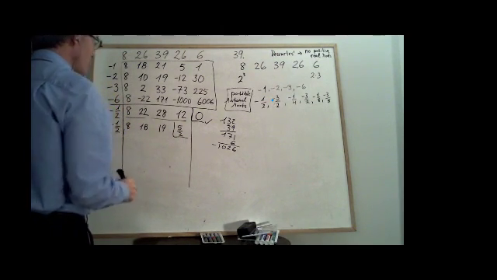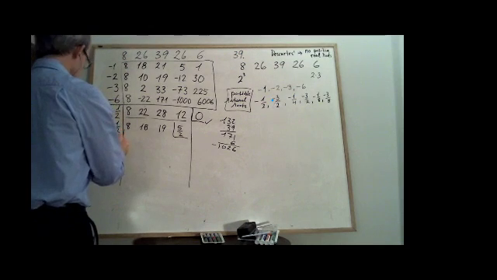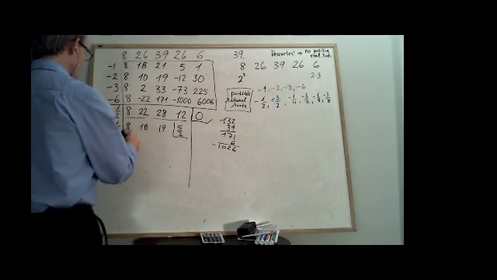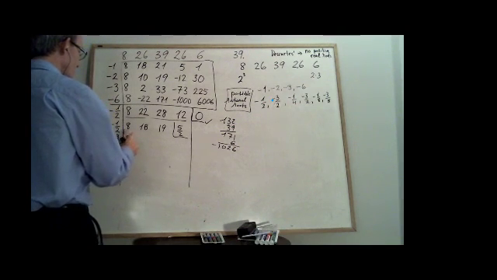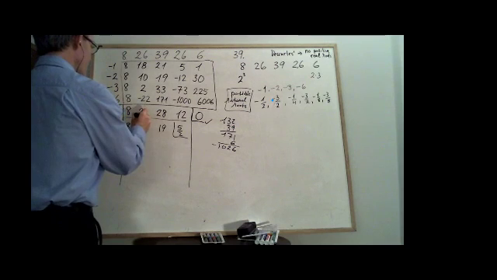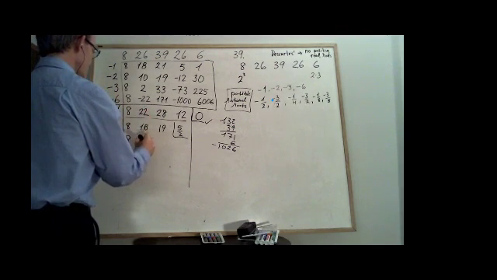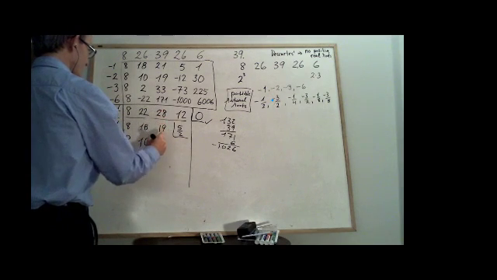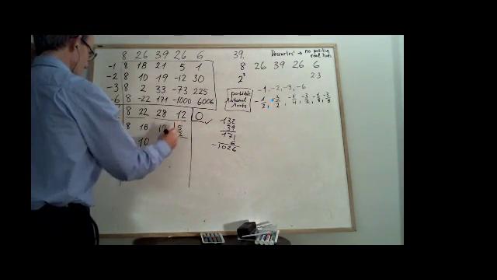Let's try the next one, minus 3 over 2. 8 minus 4 times 3 is minus 12. Go back up to here, minus 12 is 10. And then this is minus 15. Okay, we're going to get 13. Again, not 0.